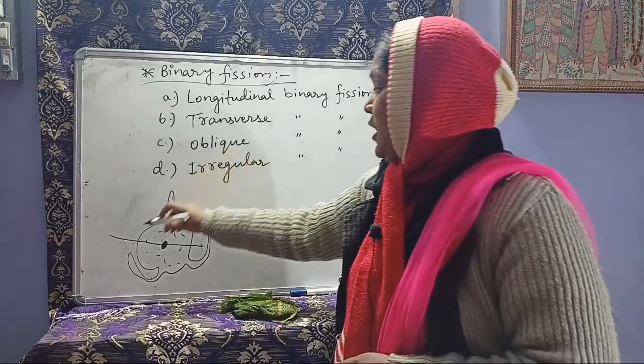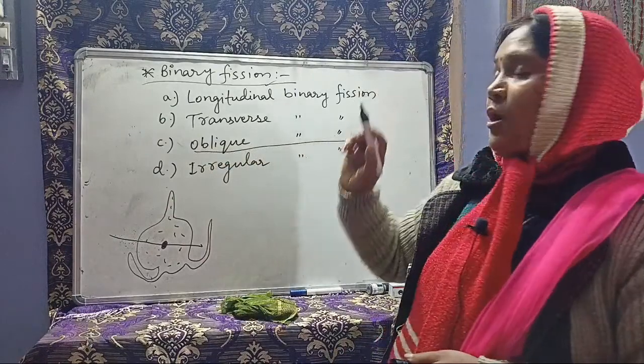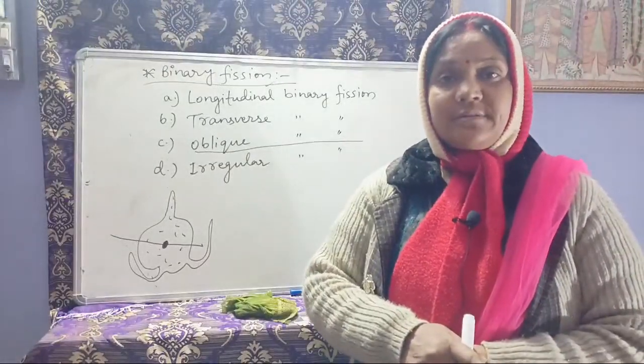Due to this oblique axis, this binary fission is called oblique binary fission.